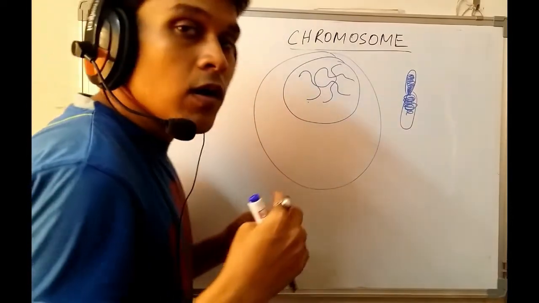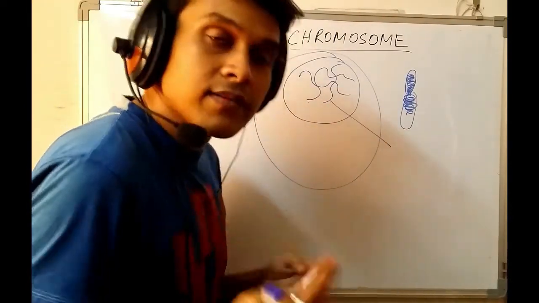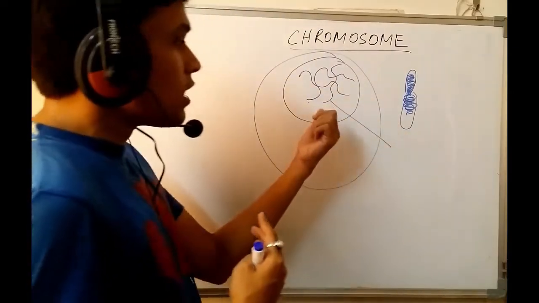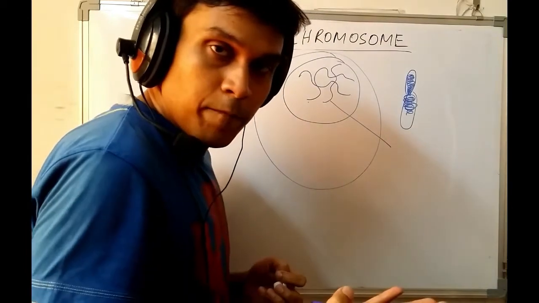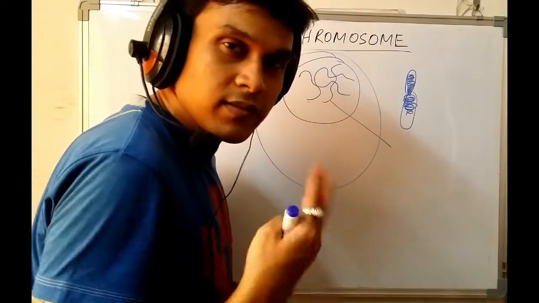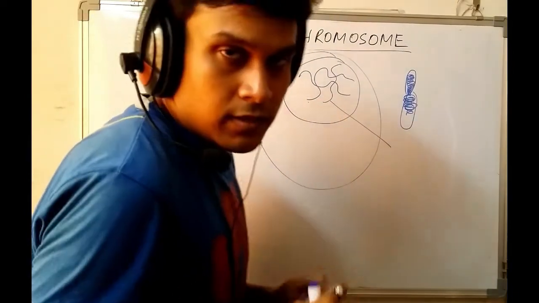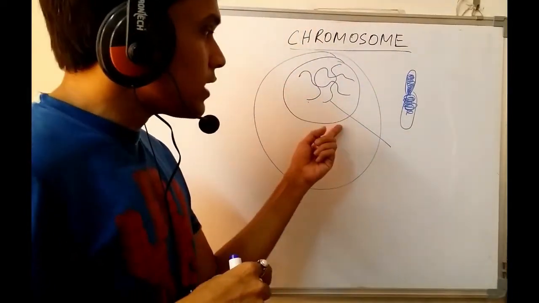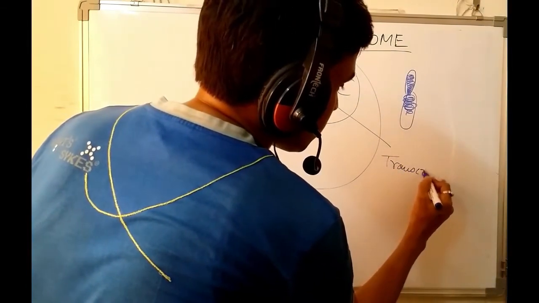That is why they are involved in transcription and translation. The RNA polymerase and all the transcription factors are allowed to come here and access the DNA structure.